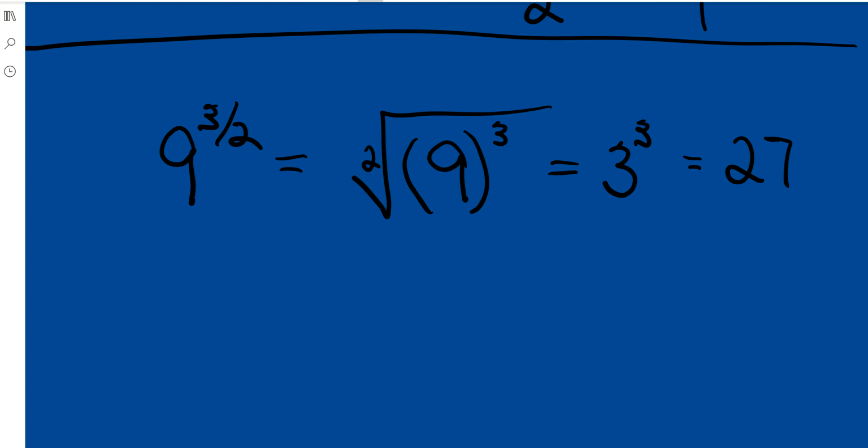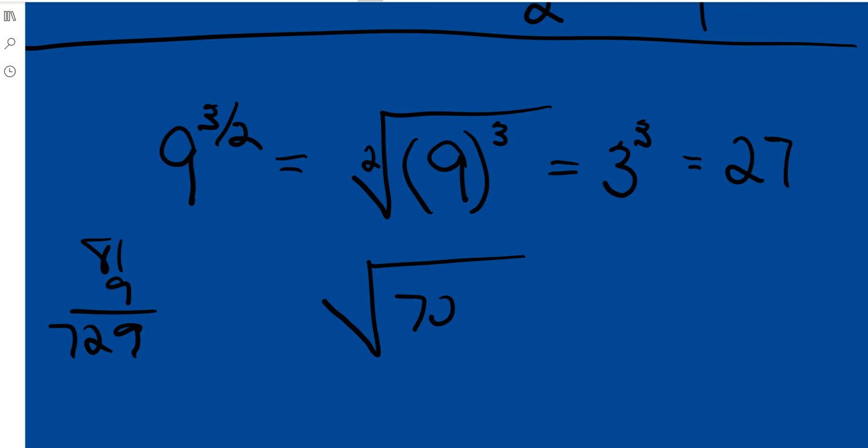And again, this is like saying, what's the square root of 9 times 9 times 9. 81 times 9, 729. If you plug this in your calculator, you should end up getting 27.